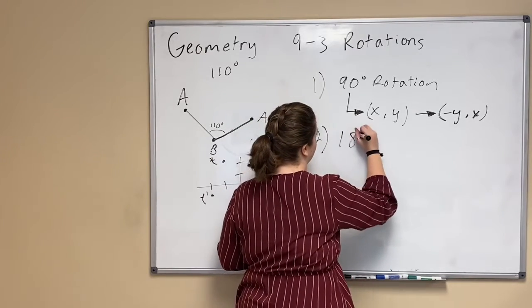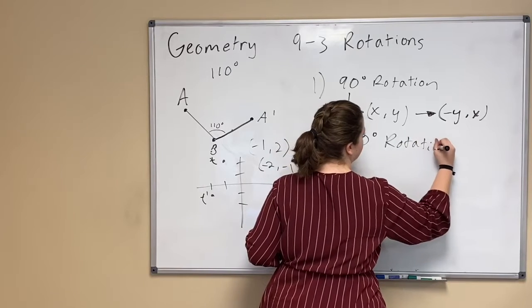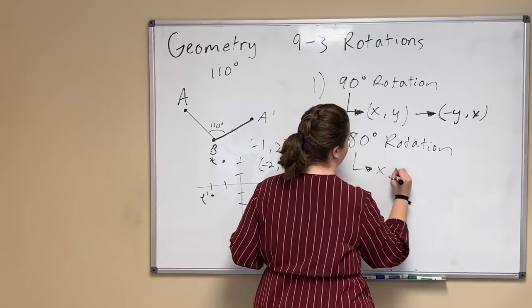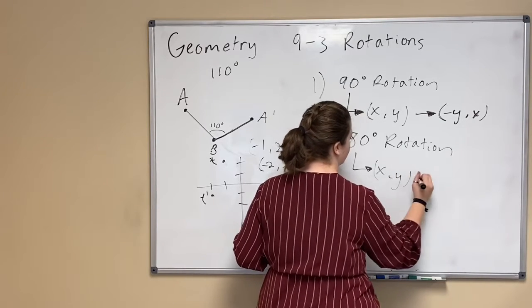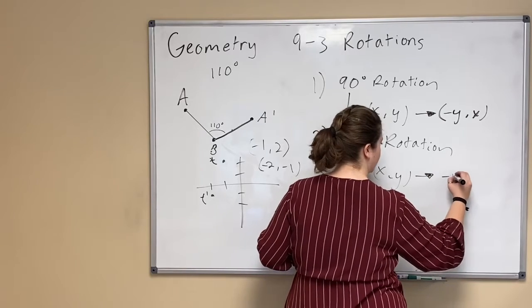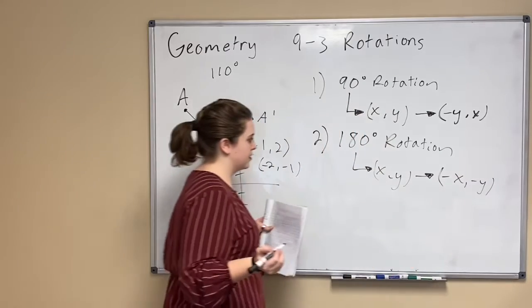If I'm rotating it 180 degrees, my x and my y will this time become (-x, -y).